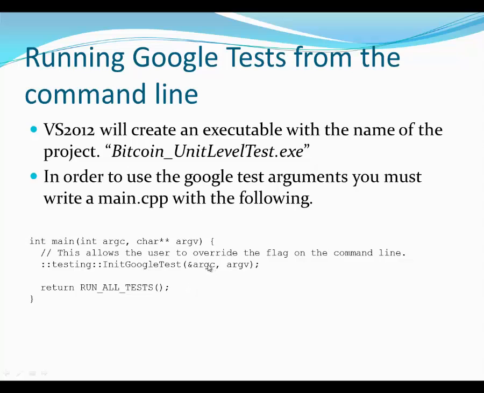This gives you a lot of flexibility with running tests in a test harness or in a continuous integration system. So you can go ahead and cut and paste this main program from the text with the video.